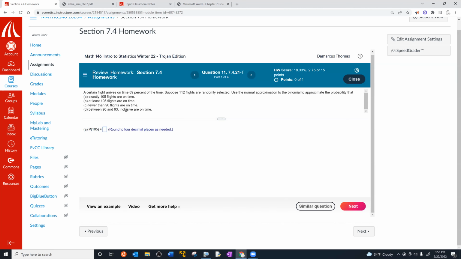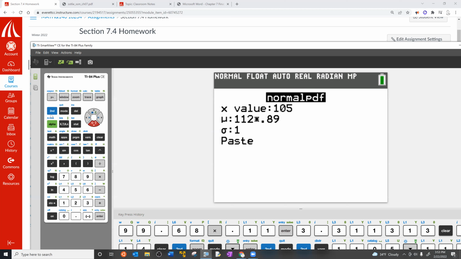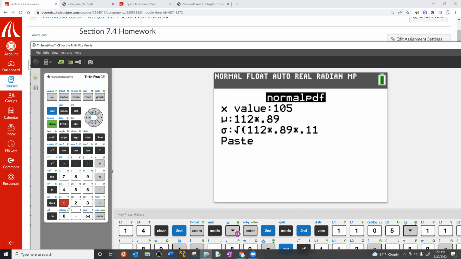Number 11. Let me just check one more time. At exactly 105. And then the deviation is the square root of 112 times 0.89 times 0.11.